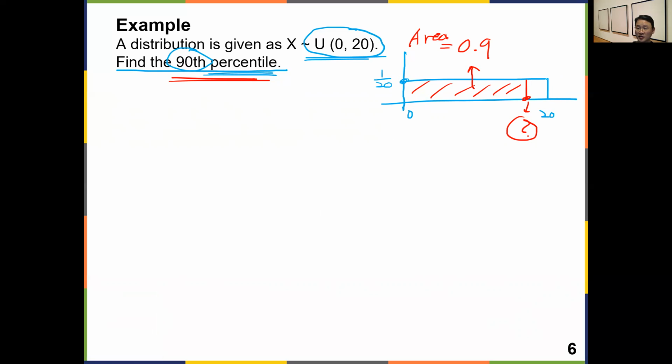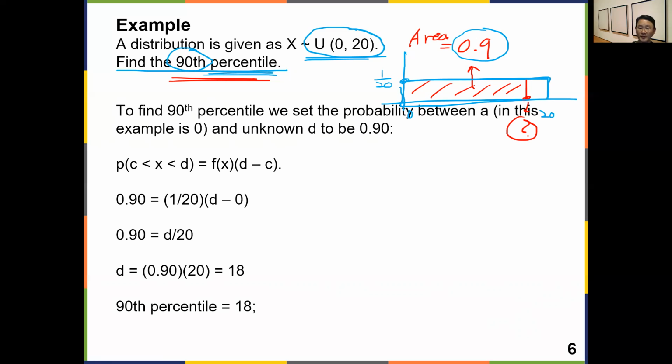So the entire big rectangle area is just going to be 1. But I want this number such that the area below it is going to be 0.9, which is 90%. Okay, so how do you actually find that number?